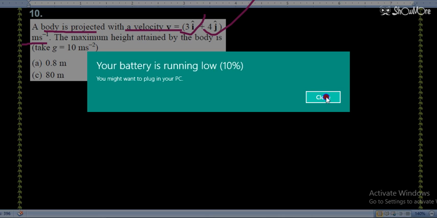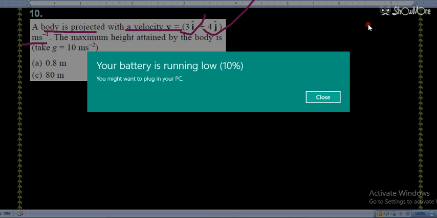Okay, PC battery low. Students, wait for 1 minute please. System hang. Wait.